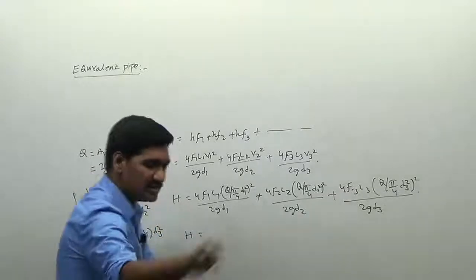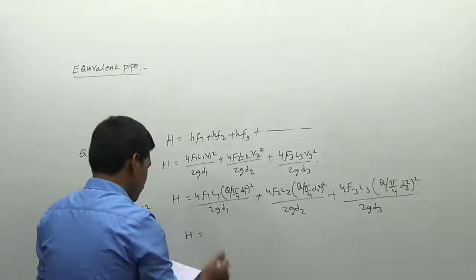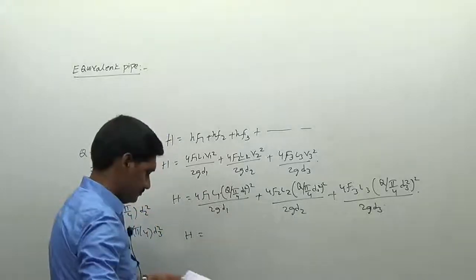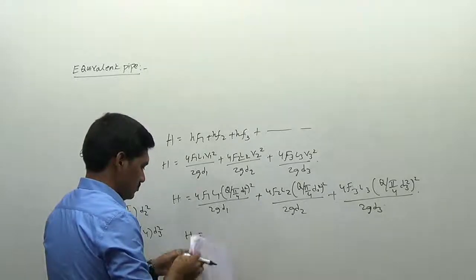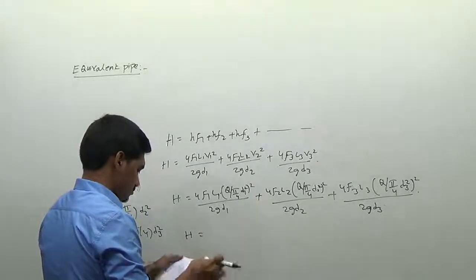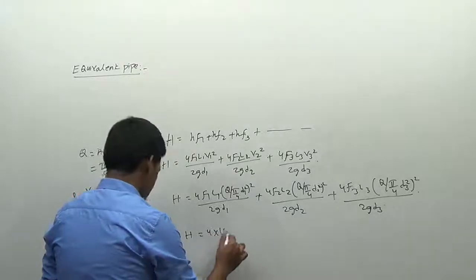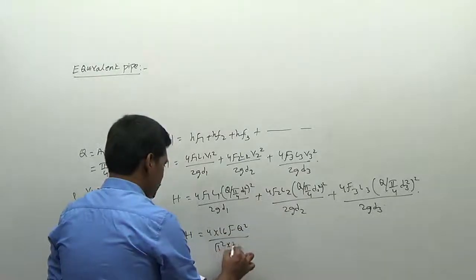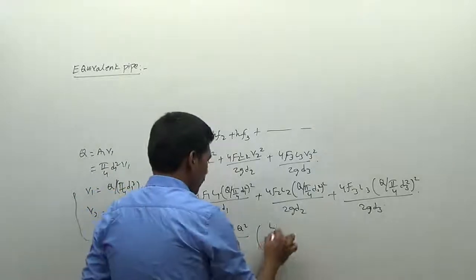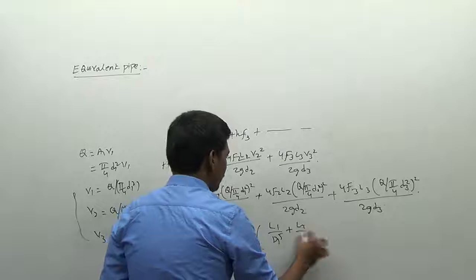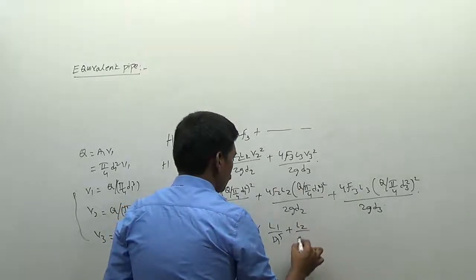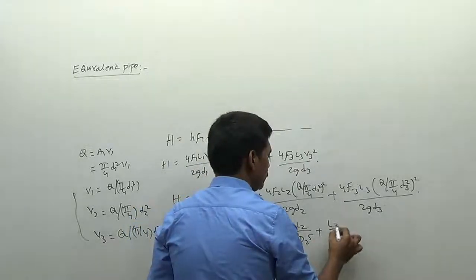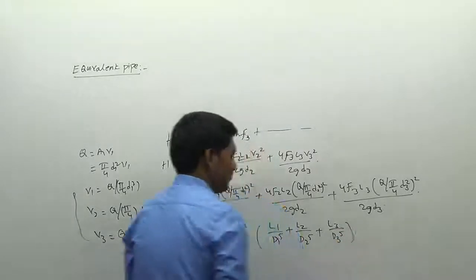I will write a small relation for you. H = 4 × 16 × f × Q² / (π² × 2g) × (L1/D1⁵ + L2/D2⁵ + L3/D3⁵).